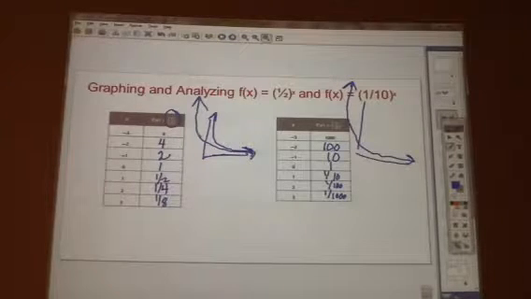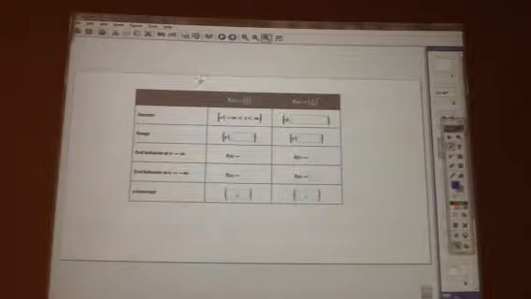Exponential decay. Turn to page 734 at the top. Both of our functions look similar to that. What's the domain of 1 over 2 to the x power? How far left and how far right does this graph go? It's all reals. What about 1 over 10 to the x?